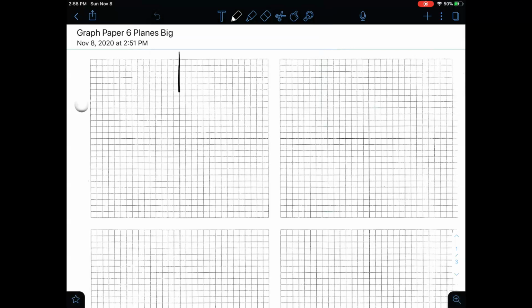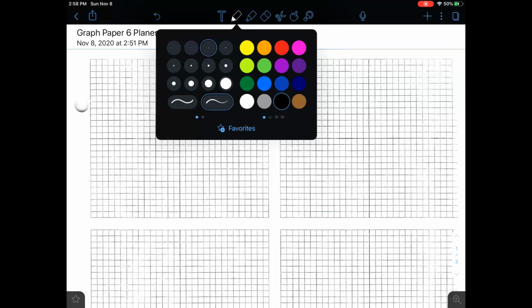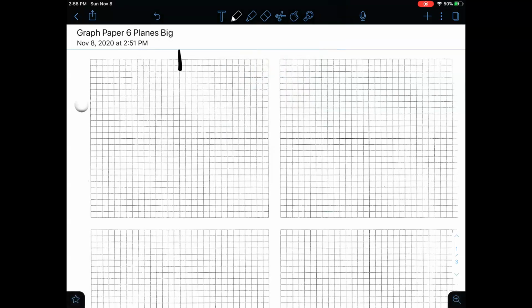All right, so let's use black, and let's make some solid lines. Let's make it a little bit thicker. Okay, so there's our lines.